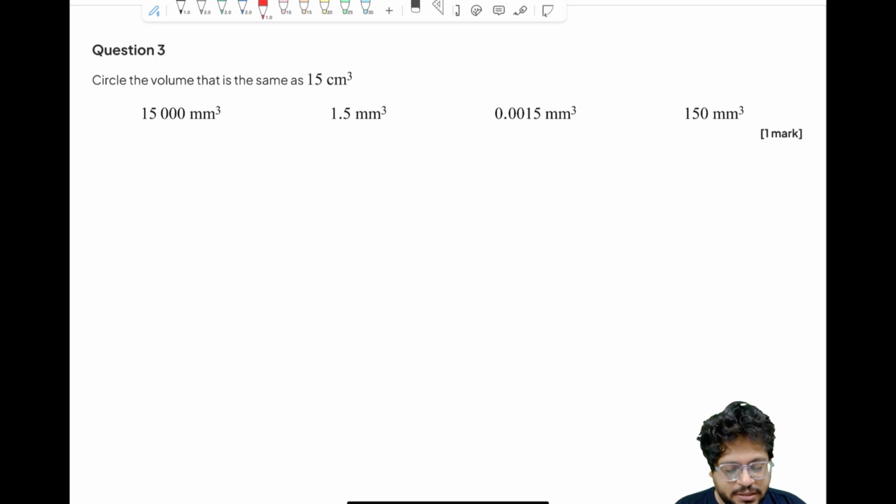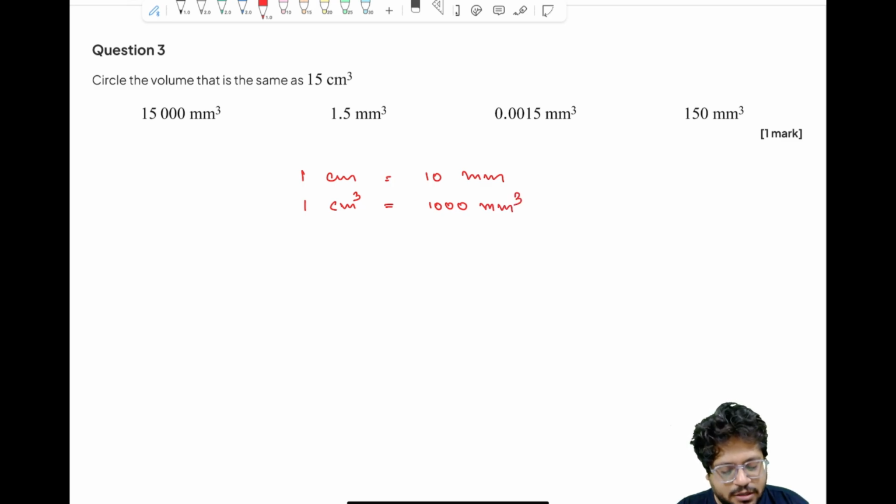Circle the volume that is the same as 15 centimeter cube. So if I want to convert 15 centimeter cube to mm cube, we know that 1 centimeter is 10 mm. So if you cube both sides, 1 cubed is 1 only, so 1 centimeter cube is 10 cubed, which is 1000, so 1000 mm cube.